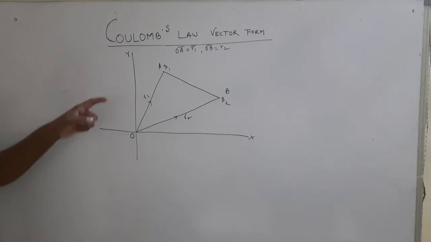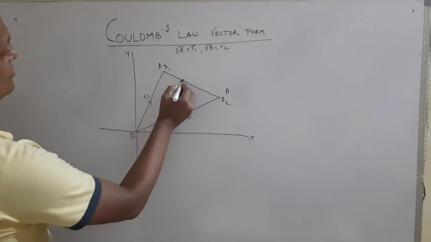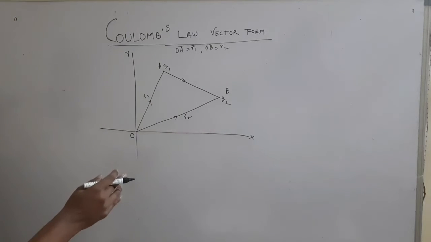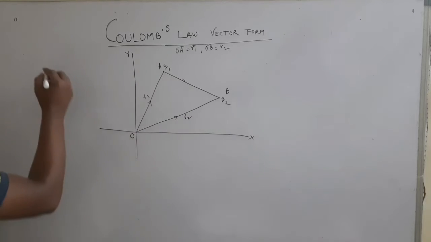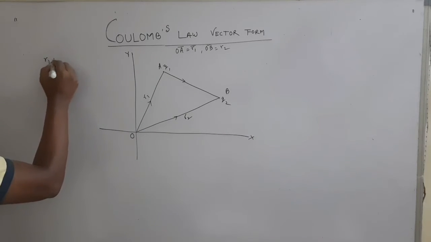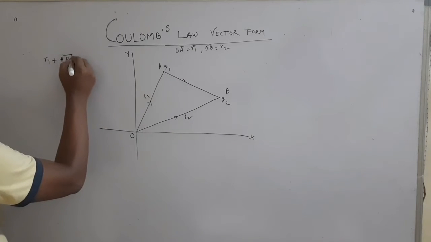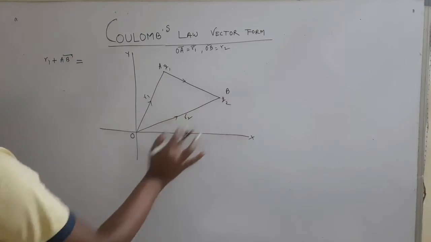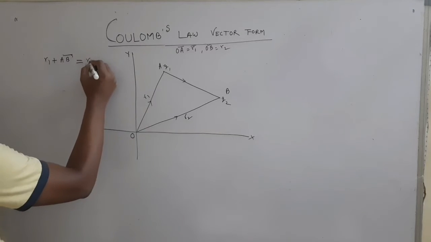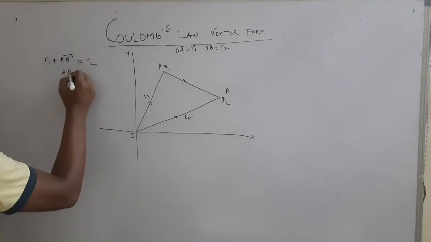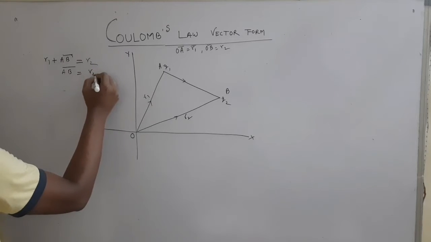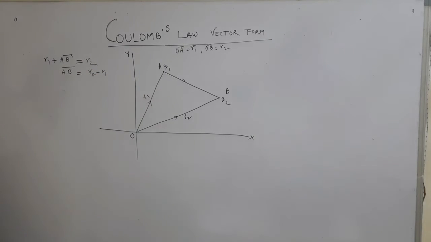Now if I try to use the triangle law, suppose I go from here to here. The triangle law says that R1 plus AB bar is equal to OB bar, that is R2. So AB bar will be R2 minus R1. Now AB bar is R2 minus R1, and what does it mean?